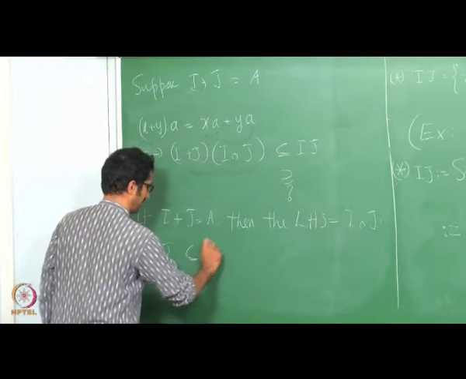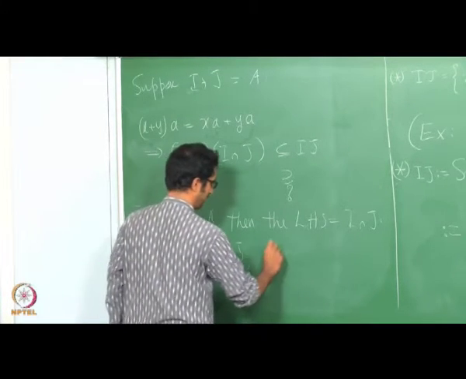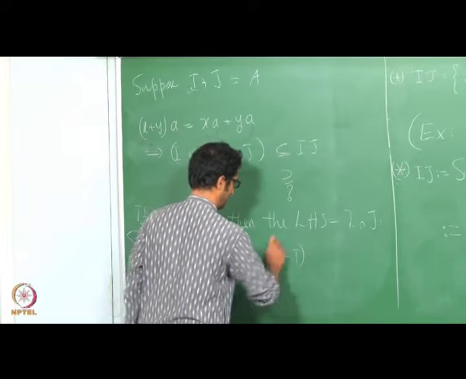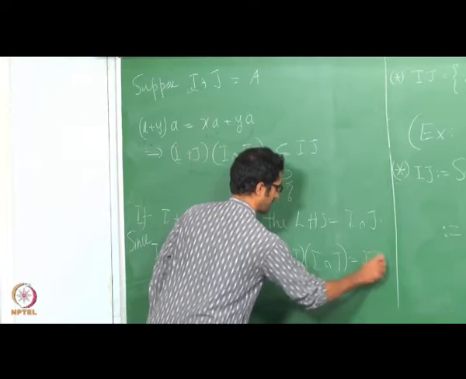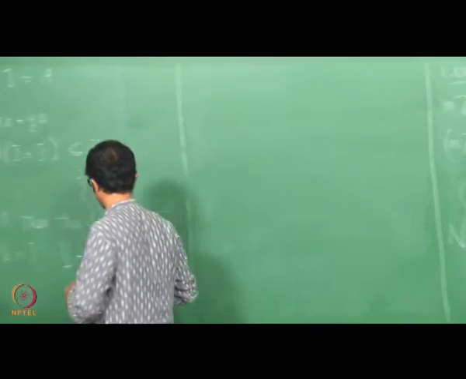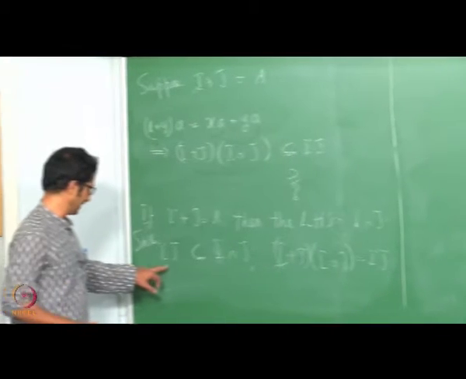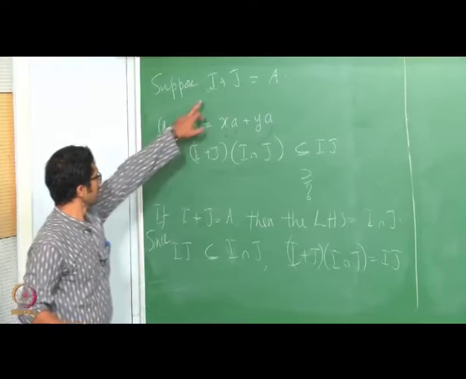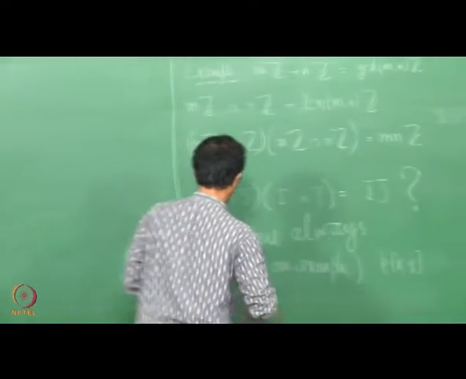Therefore, if I plus j is A, then I intersection j is equal to I j.